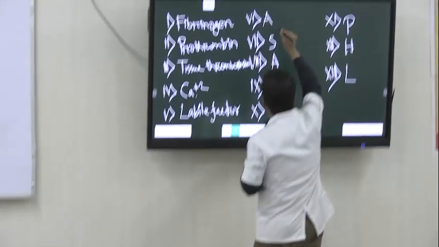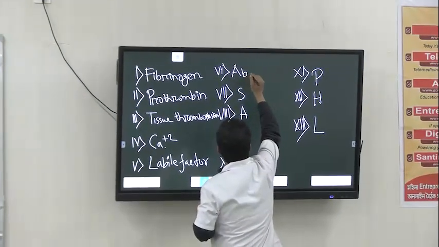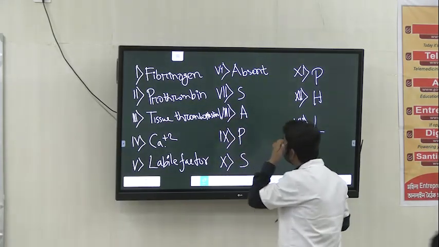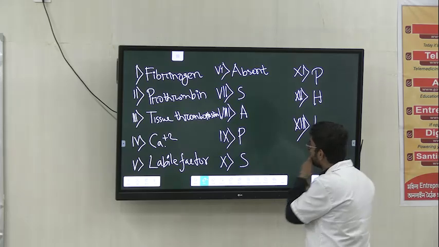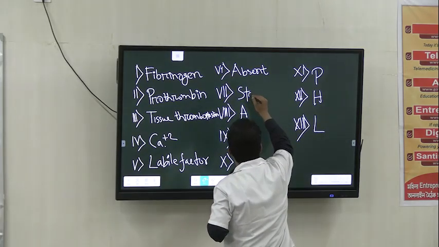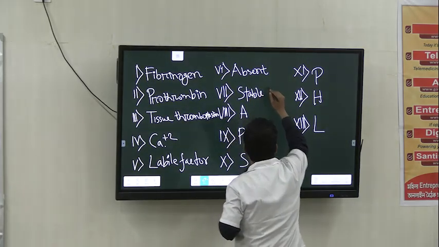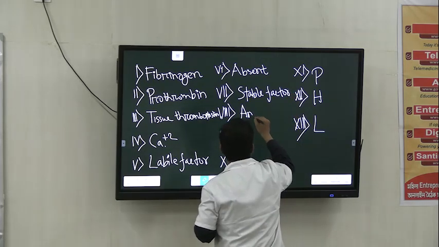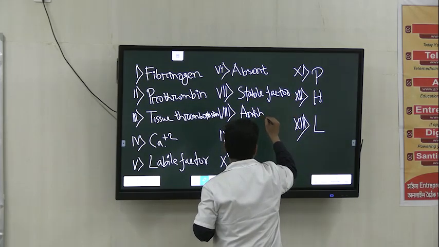Labile factor. A is absent. Previously its name was accelerin, but its existence was not proved. So it is absent. Then what is there? S for stable factor. And A for anti-hemophilic factor.